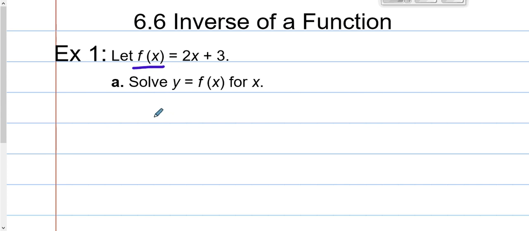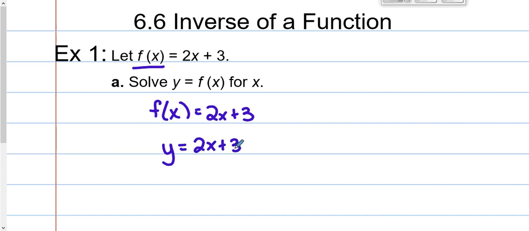So now we're going to write down our function f of x equals 2x plus 3, and just change f of x to y because we know that they are the same thing. So y equals 2x plus 3, and it tells us to solve for x. So we're just going to get x by itself, where in the past we always got y by itself.